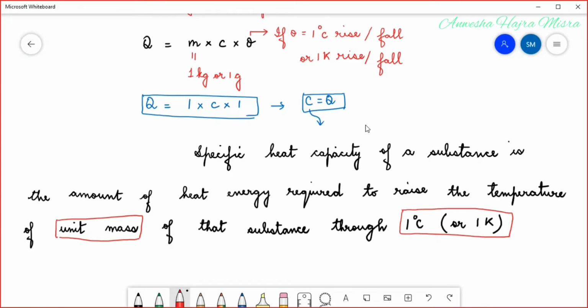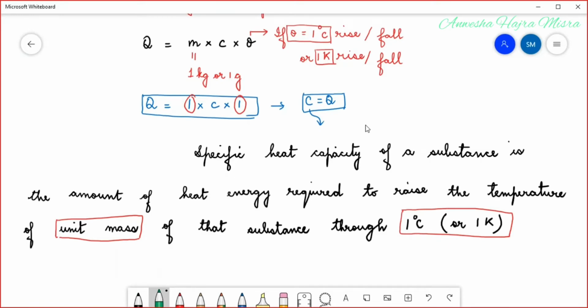So for temperature, it is very important that we write theta as 1 degree Celsius rise or fall or 1 Kelvin. For mass, unit mass is enough. It is the amount of heat, C is equal to Q, when mass is 1 and rise in temperature is 1 degree Celsius or 1 Kelvin.